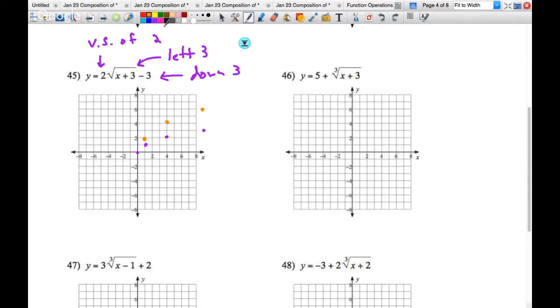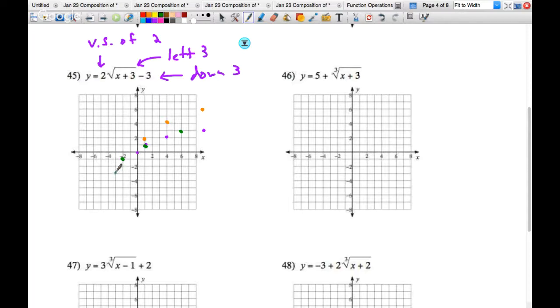For our final, let's do this in a different color. Our final graph. Oh, and I forgot about our point that didn't move when it was vertically shifted.